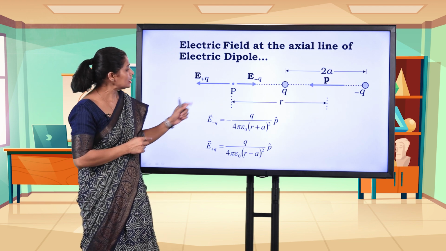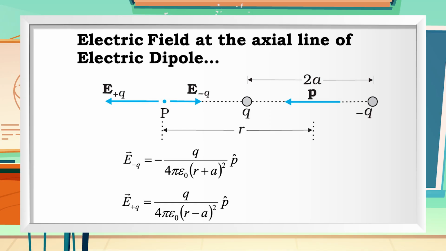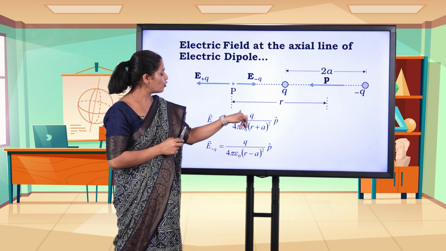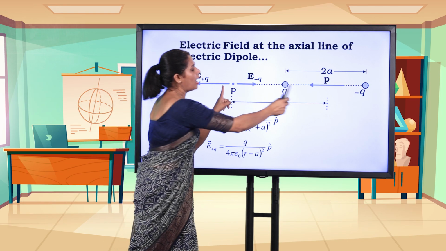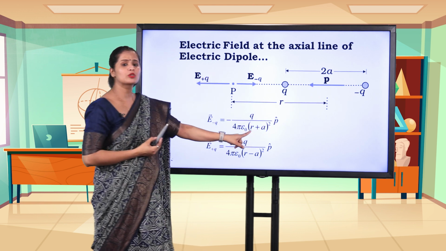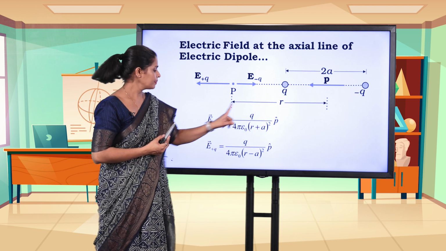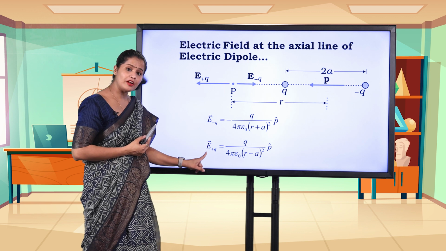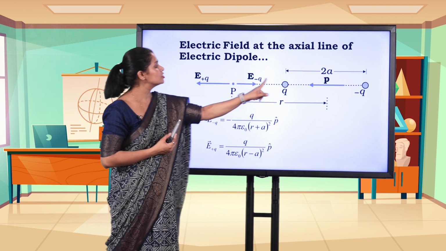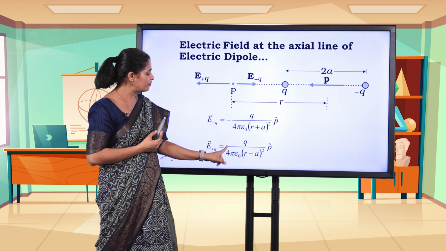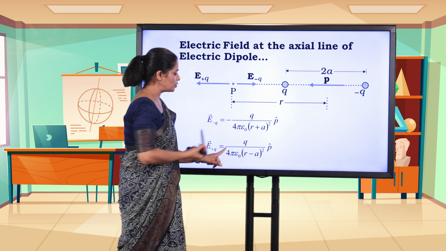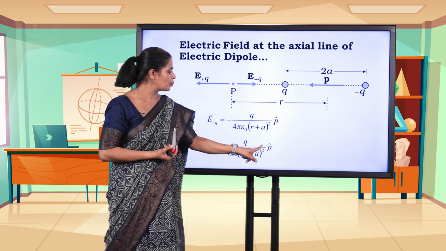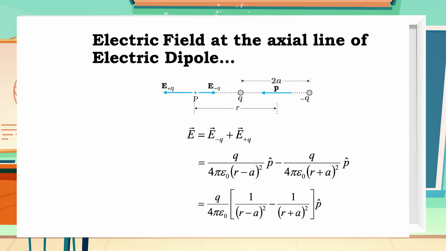Here, the field due to the negative charge will be 1 by 4 pi epsilon naught q upon the distance, which will be (r plus a) whole square, p cap. The electric field due to the positive charge will be 1 by 4 pi epsilon naught q upon this distance, which will be (r minus a) whole square, p cap. Now, what will be the net electric field?